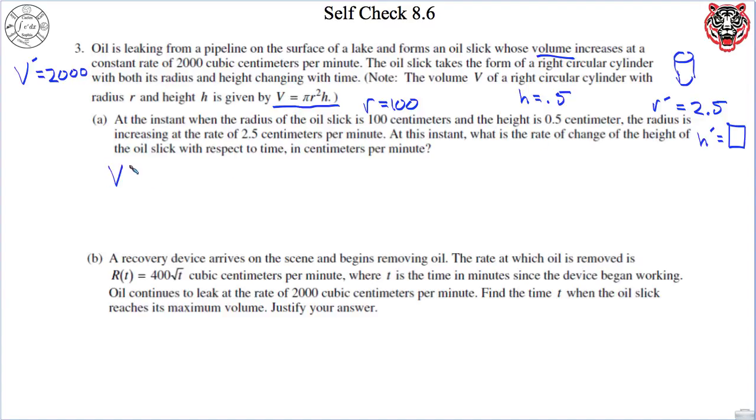So V prime is equal to, differentiate with respect to both of these variables. So it's going to be 2 pi r r prime, that's d1 times 2. Remember, this is product rule because there's two variables here.